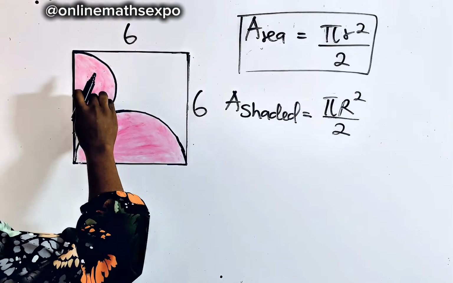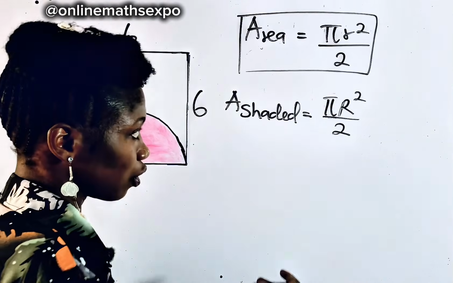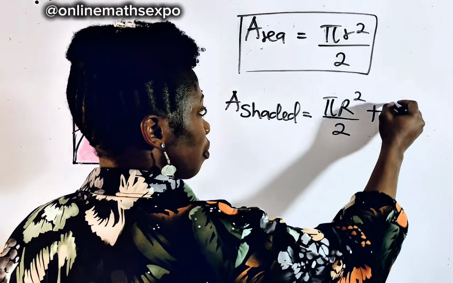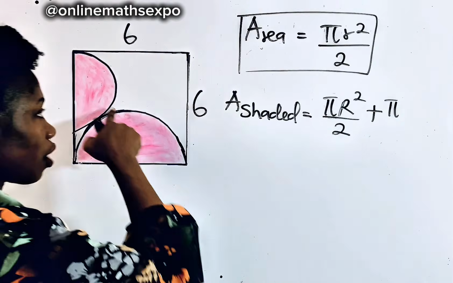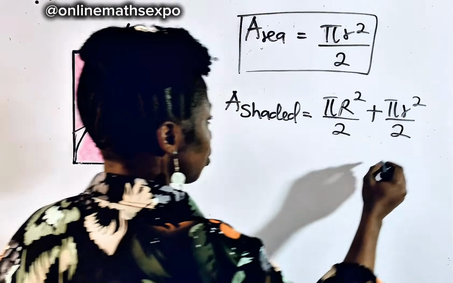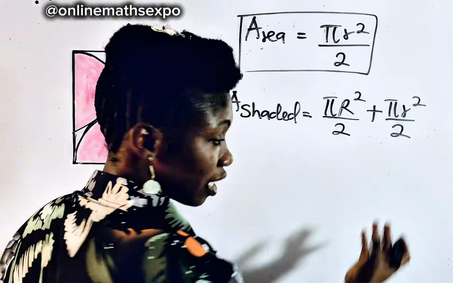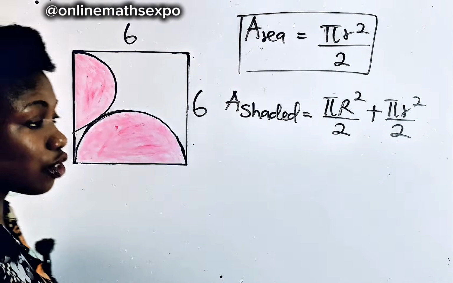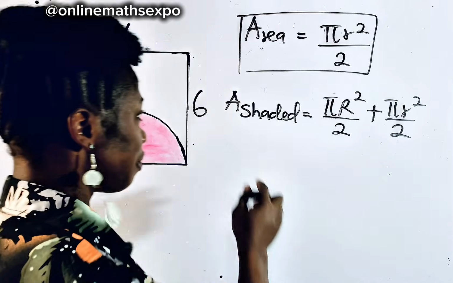Then add it to the area of the small half circle, so we have plus pi, and let's use small r for this, so we have r squared divided by 2. If we add these two together, it gives us the area of the shaded part.